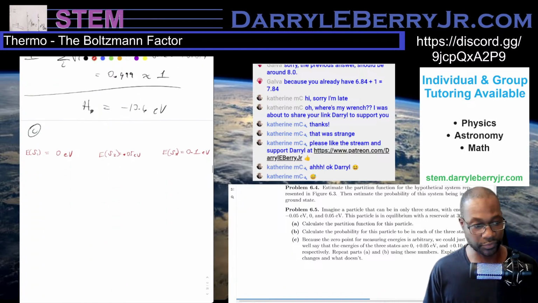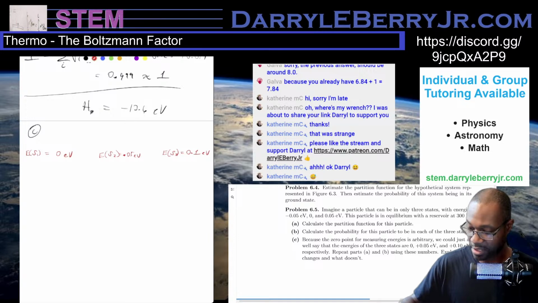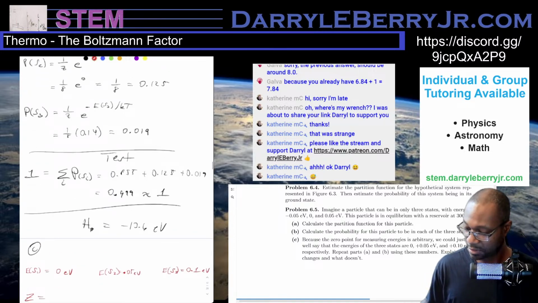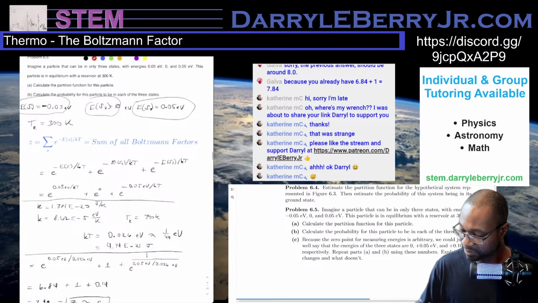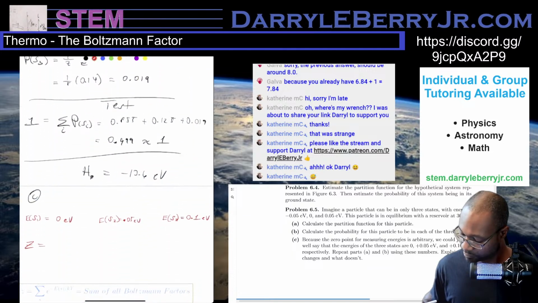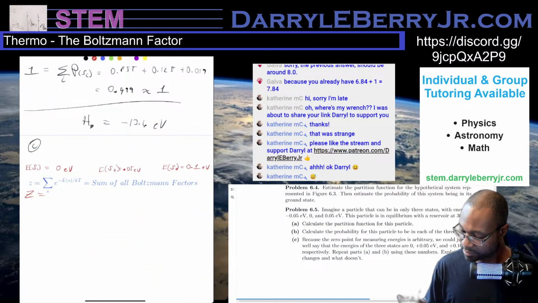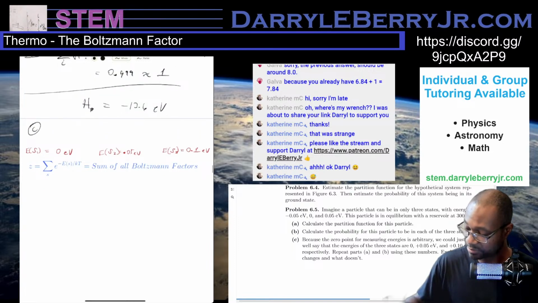And maybe I should just actually work through this so I can get some practice. So calculate the partition function. We have Z equals, and I will go ahead and copy the function down. So Z equals this. That's the partition function, the sum of all Boltzmann factors. So Z equals e to the negative E_s1 over kT. And I keep wanting to make this a capital because I'm so used to doing entropy over the last few months.